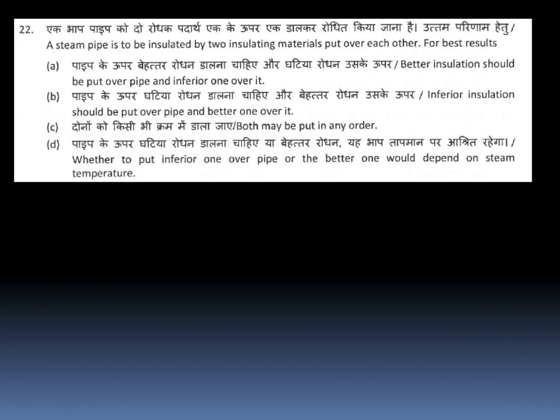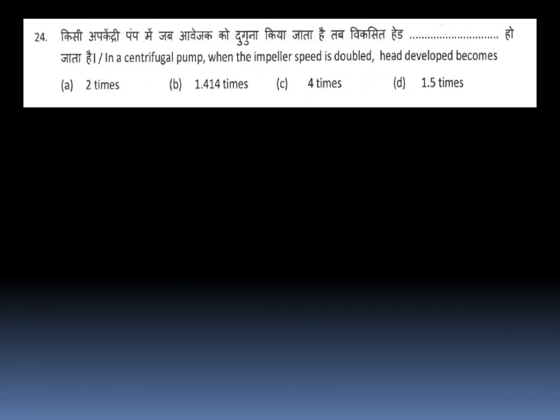In a centrifugal pump, when the impeller speed is doubled, the head developed becomes what? Let the impeller speed initially be n, and in the second case 2n. We have to calculate the relation between H1 and H2.